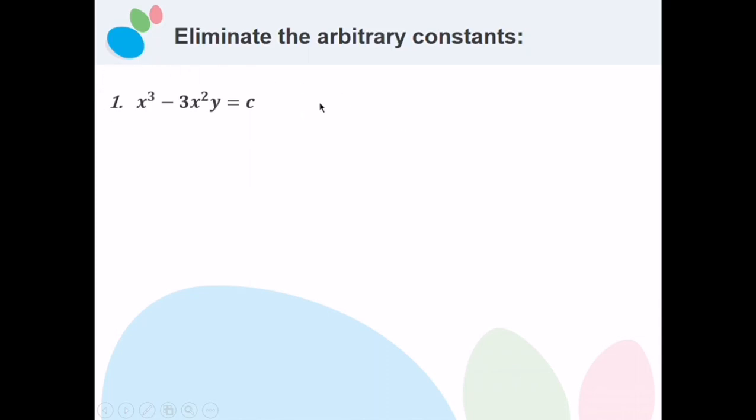So our first example is x cubed minus 3x squared y equals c. And we know that c here is the arbitrary constant. We have only one arbitrary constant, so we are going to differentiate this equation once.